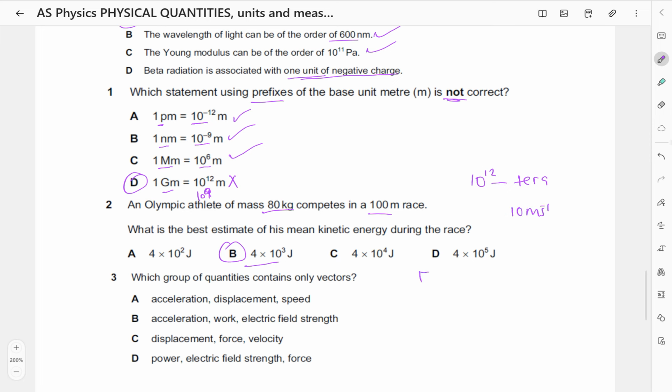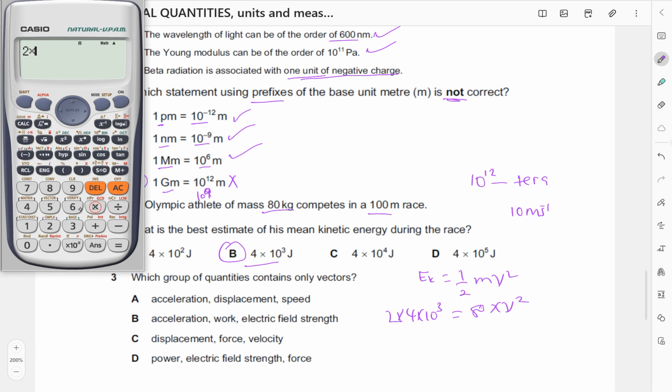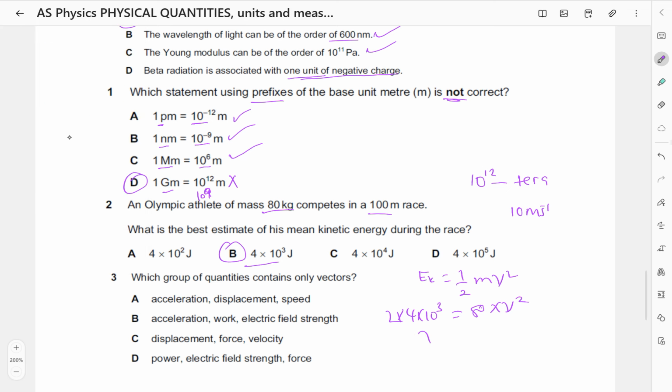So kinetic energy is equal to a half m v squared. So 4 times 10 power 3 times 2 should be equal to 80 times v squared. So v is 10 meters per second.